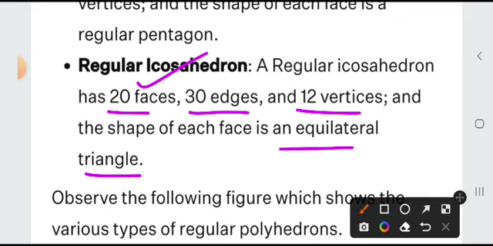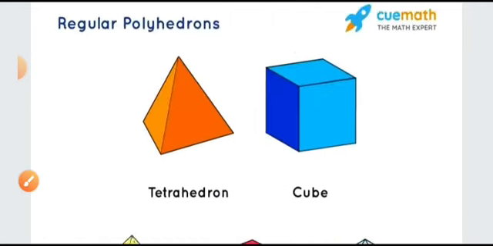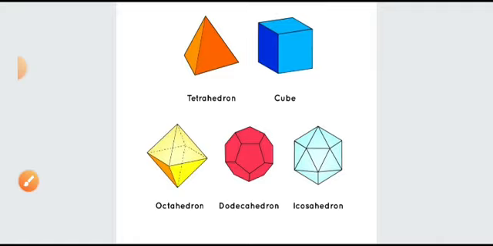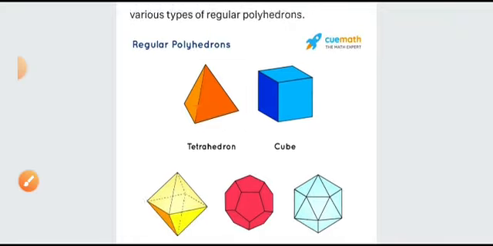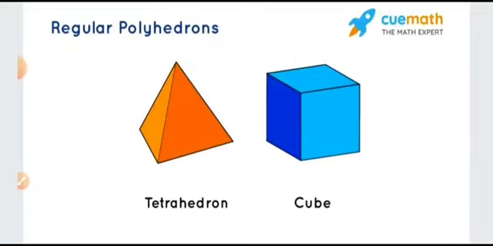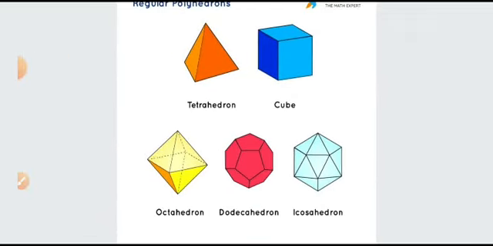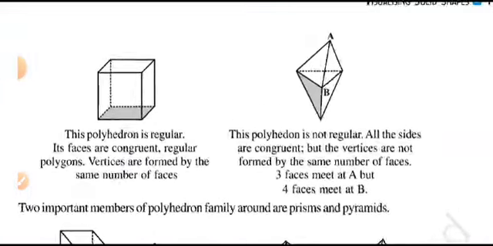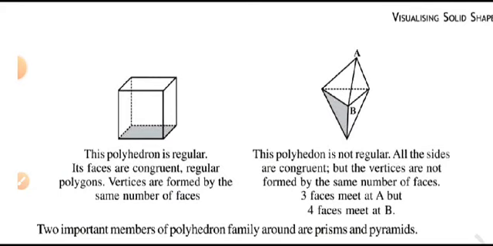Mind it, it has 20 faces. Here is the regular icosahedron, and all these figures are examples of regular polyhedrons. So whenever you are asked to cite examples of regular polyhedrons, you have to cite these solid shapes.